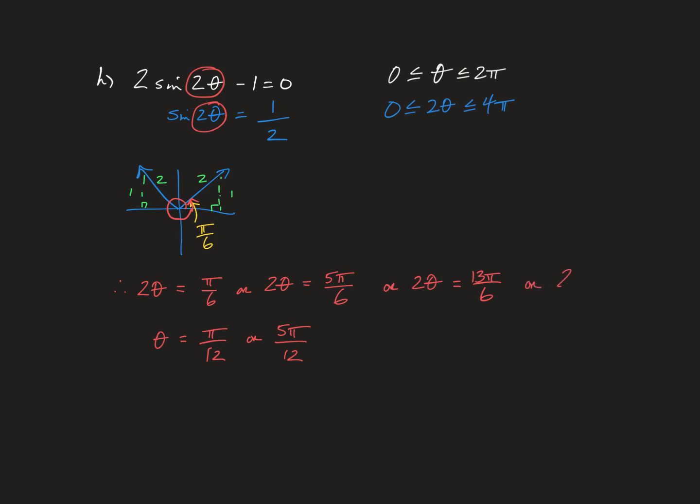Or for me to go my full rotation means that maybe what I do is I rotate all the way around and then into quadrant 2. And so I would have all the way around, which would be 12 pi by 6, plus the 5 pi by 6 to get into quadrant 2 in the correct position, puts me at 17 pi by 6.